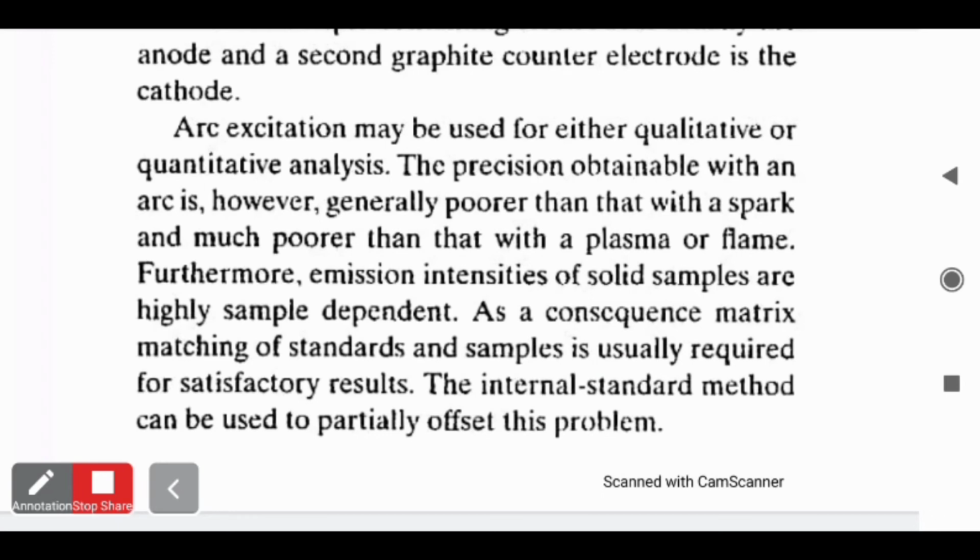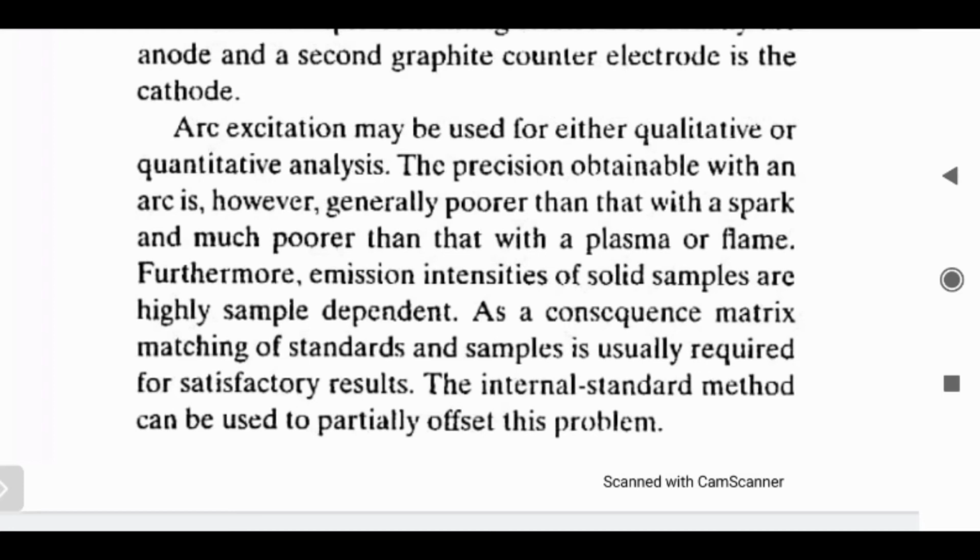These arc excitation sources are used for qualitative and quantitative analysis. The precision obtained with an arc source is generally poorer than that of the spark sources. So all these things you can incorporate into the limitations or disadvantages of the arc source technique.